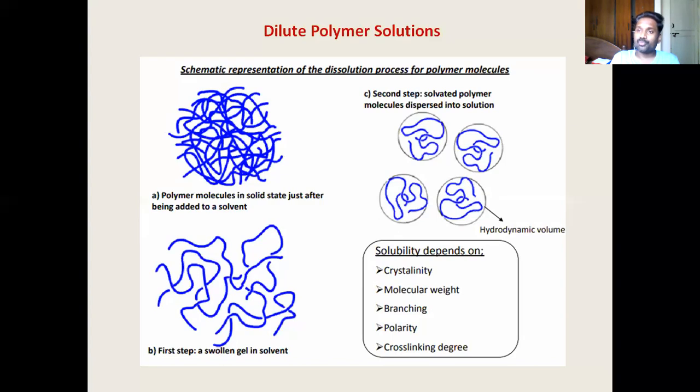It is a process of breaking the force of attraction within the solute molecules and establishing new forces of attraction between solute and solvent molecules. And this process is slow. That's what I was talking about. Why? Because of the size difference, basically. And then there is a lot of thermodynamics involved in the solvation of polymers, and I will not touch upon that. I'll just briefly mention a few things.